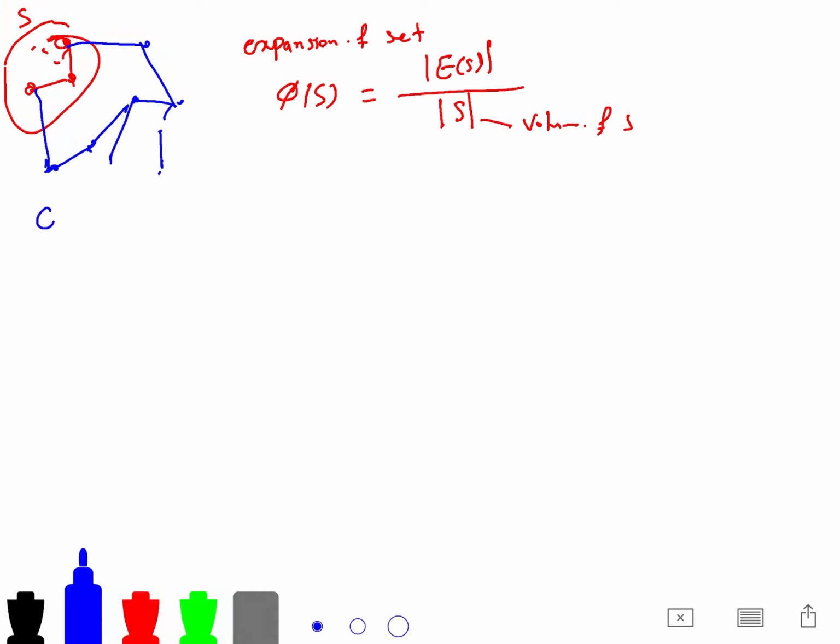So you have G equal to V and E, and all of these are G.